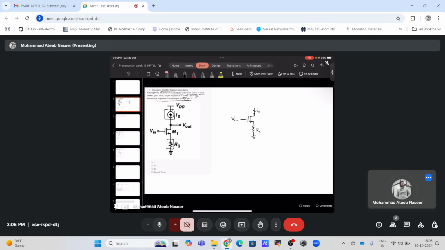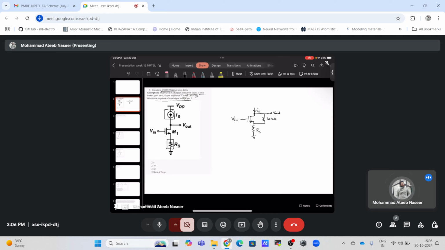It has some output voltage that we require to find out, and on top of that we have some output impedance of 10 kilo ohm.